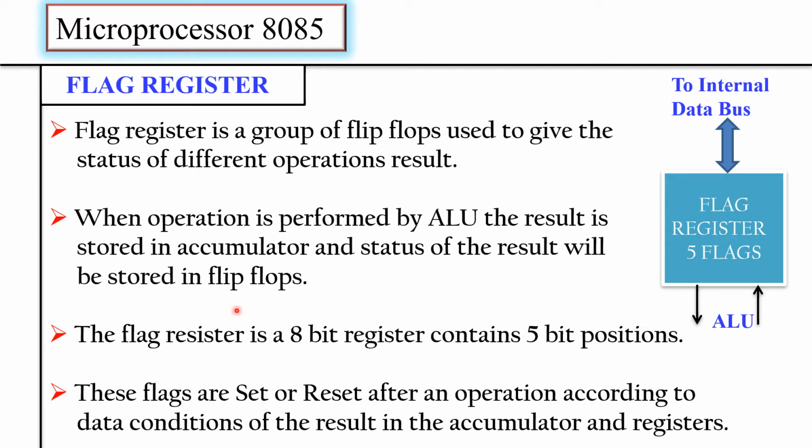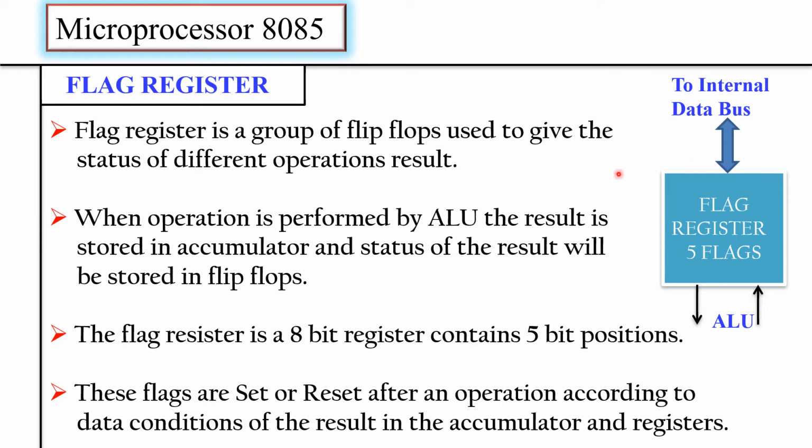The flag register is an 8-bit register containing 5 flags. We have seen in the last lecture that it is an 8-bit register containing 5 flags. These flags are set, that is binary 1, or reset, binary 0, after an operation according to the condition of the result in the accumulator and the register.